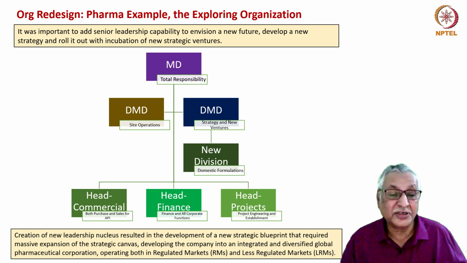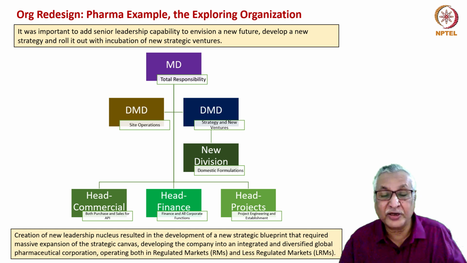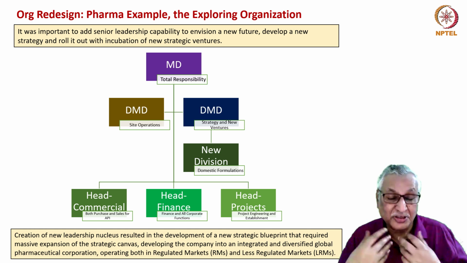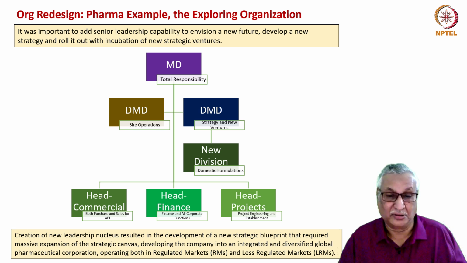Then we had the three heads: head commercial, both purchase and sales for API; head finance for finance and all corporate functions; and then head projects for project engineering and establishment. However, creation of the new division for strategy and new ventures kickstarted this strategic transformation program. A new strategic plan was established and new ventures began to be incubated by the new deputy managing director.